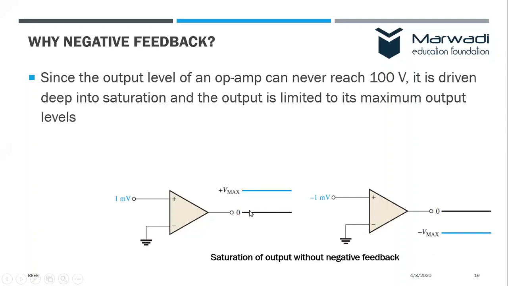Then even if you have 1 millivolt, a very small signal here, the output will be saturated. The meaning of saturation is that no matter how much input you provide or how much gain you provide, the output will not change. It will remain as it is.